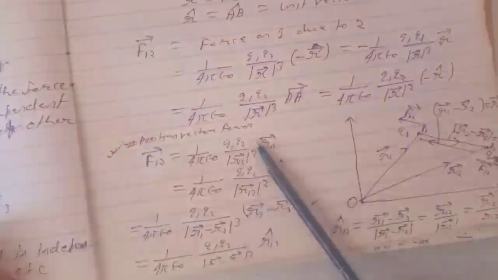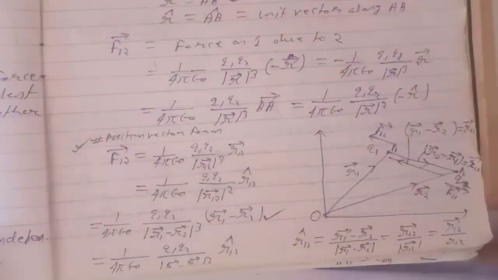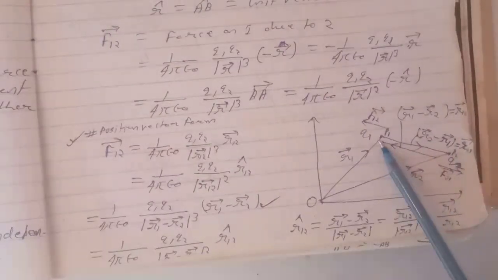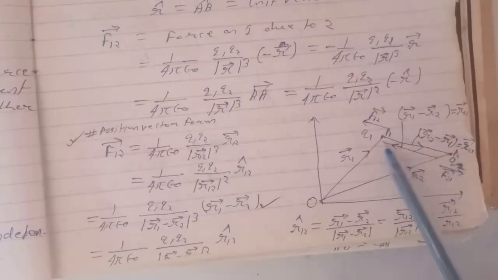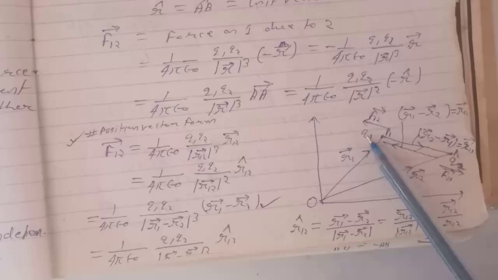Now, the force on a charge in position vector form. Here it is shown. Consider this is point P1 and this is point P2, and here the charge is Q1 and here is Q2. This is the position vector of charge Q1, that is R1 vector, and this is the R2 vector.